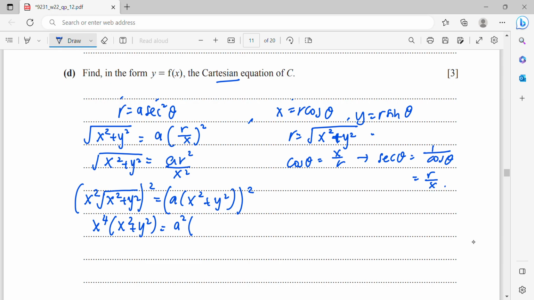Right. Now basically, the r, a is sec squared, so r over x squared. Let me check. Your r is a sec.